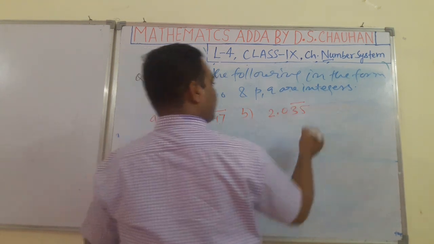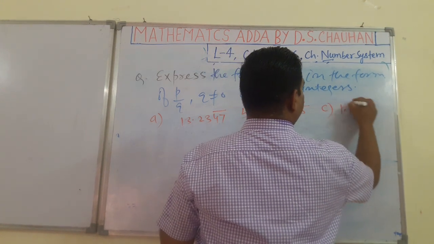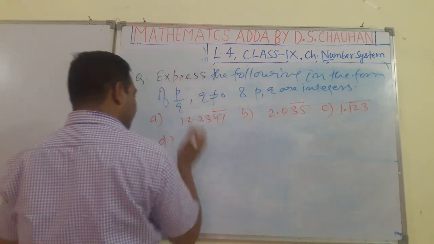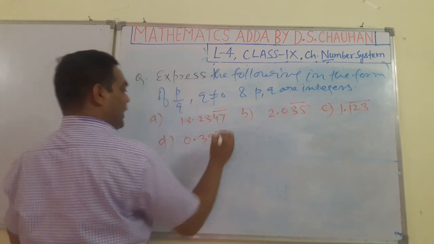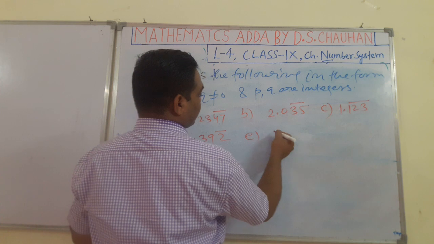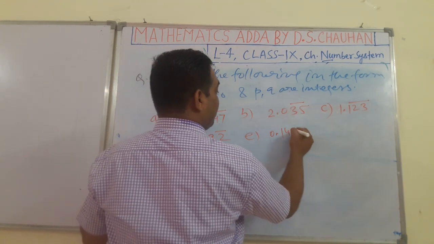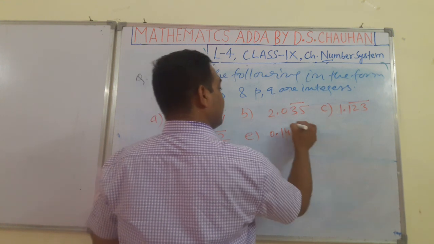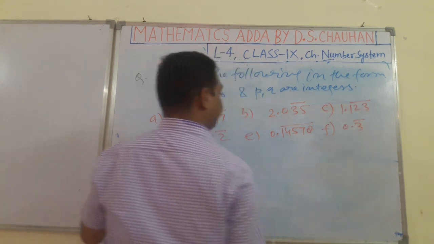Next question, 2.035 bar. C, 1.123 bar. Next, D part, it is 0.392 bar. This E, this is here 0.14578 bar. F, it is 0.3 bar.